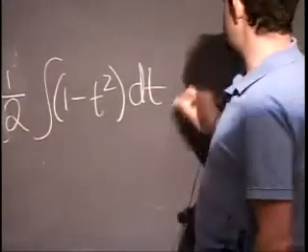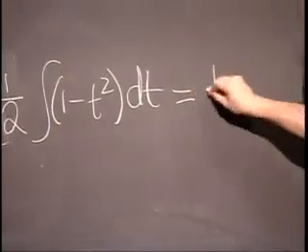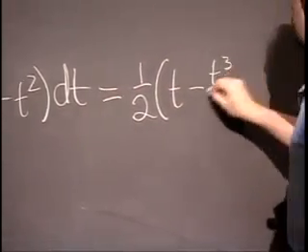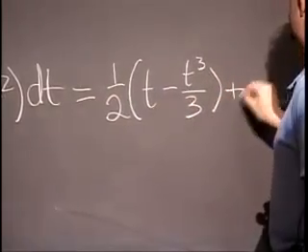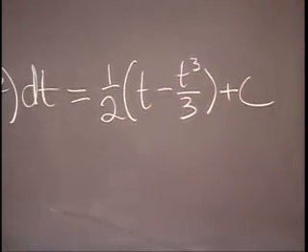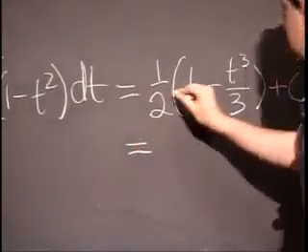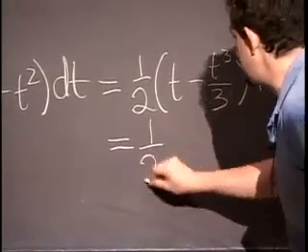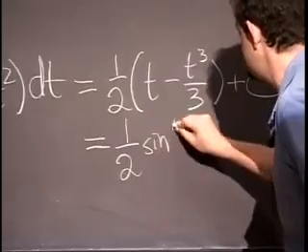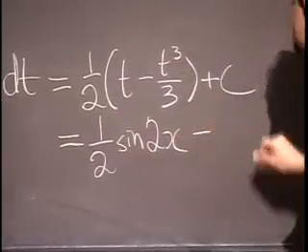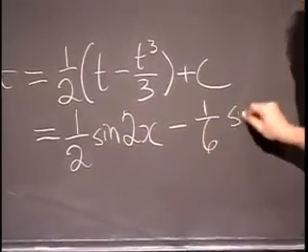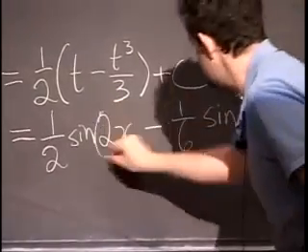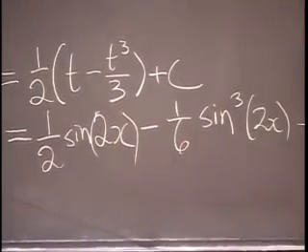So this is a fairly straightforward integral. It's 1/2 outside of t minus t cubed over 3 plus a constant. And that, when t is sine of 2x, this becomes 1/2 sine 2x minus 1/6 sine cubed 2x plus constant.